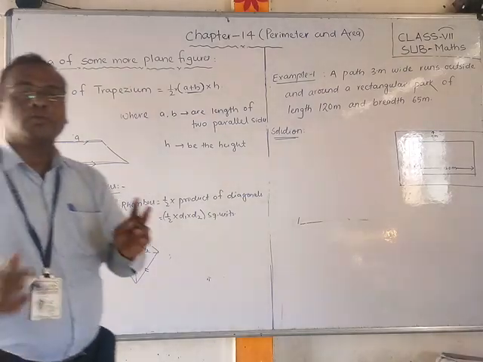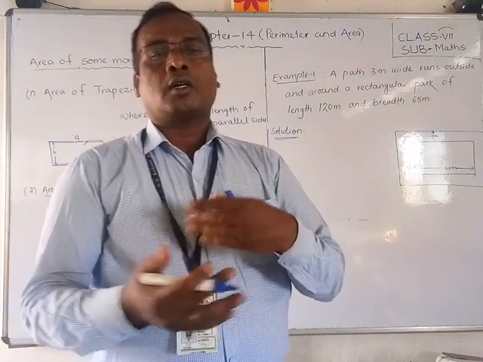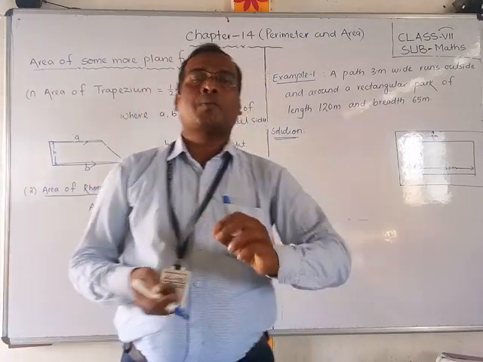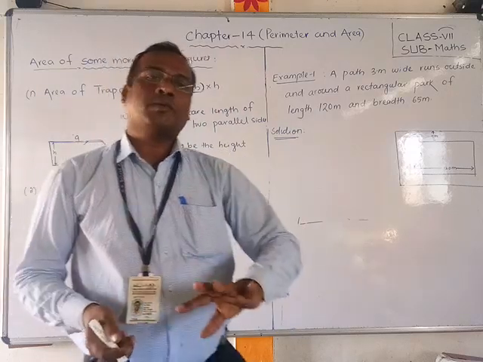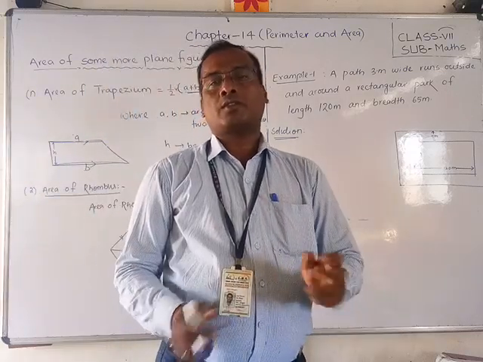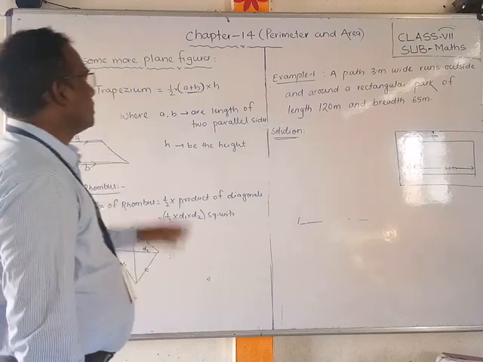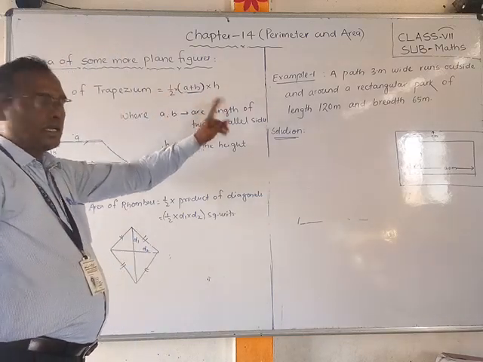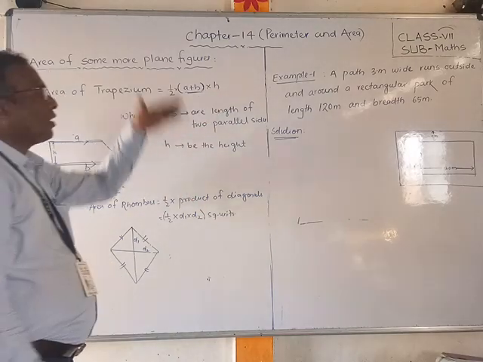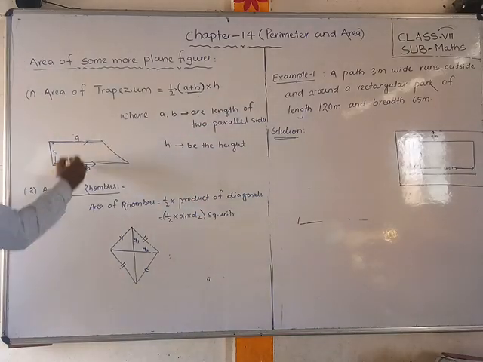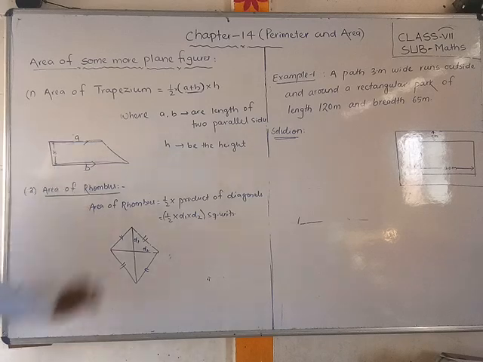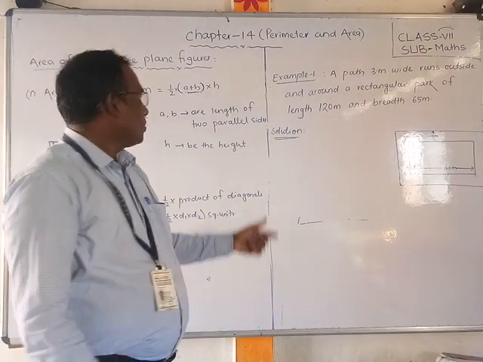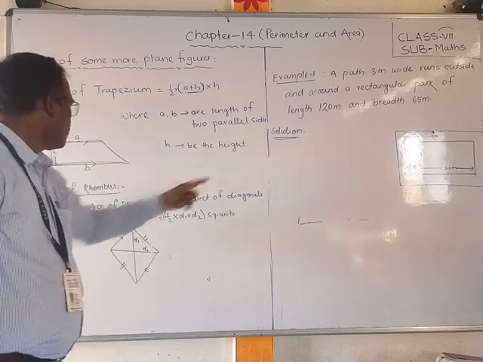Because the commutative law applies in addition, a plus b or b plus a, the same result will come. So the formula is half into (a plus b) into h, where h is the perpendicular height, the distance between the two parallel lines. So h is the height.